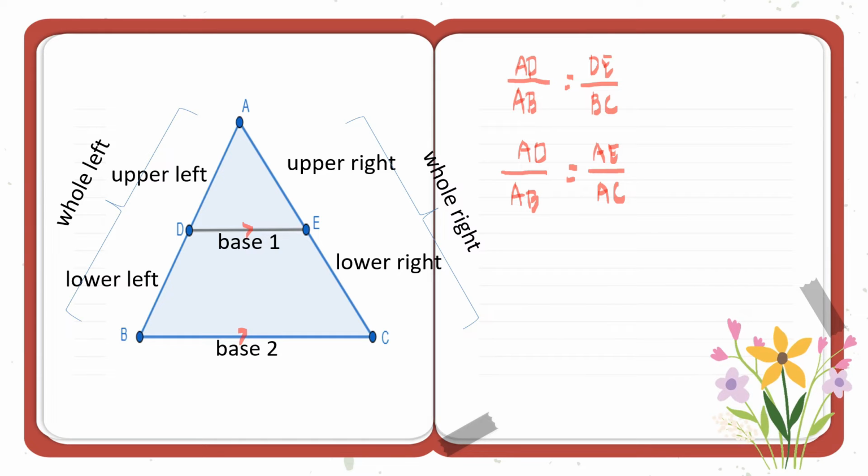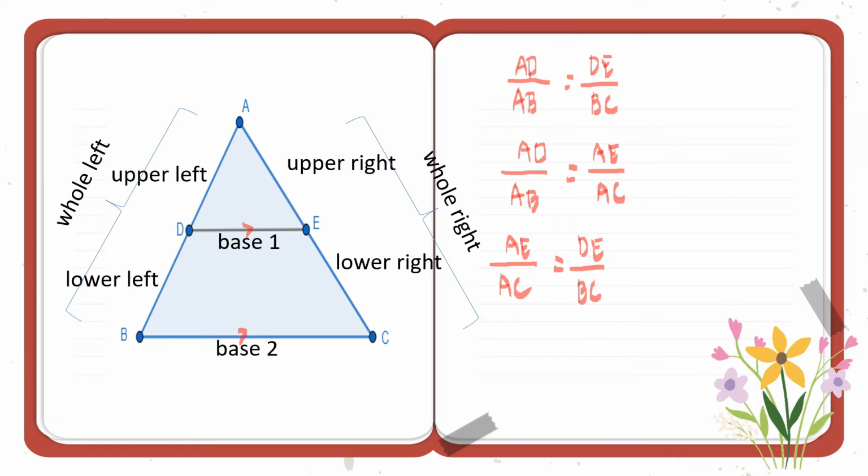Next, we have the upper right over the whole right equals base 1 over base 2. So upper right, AE over whole right, AC equals base 1, DE over BC.